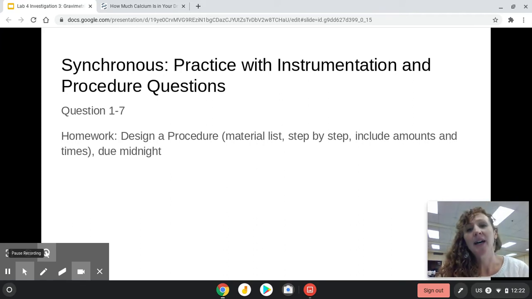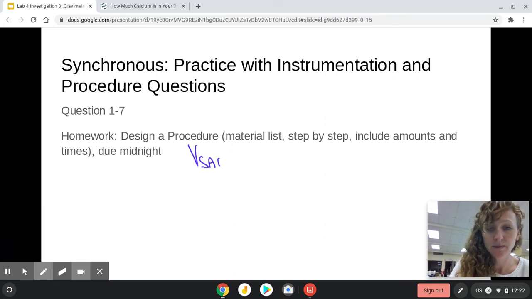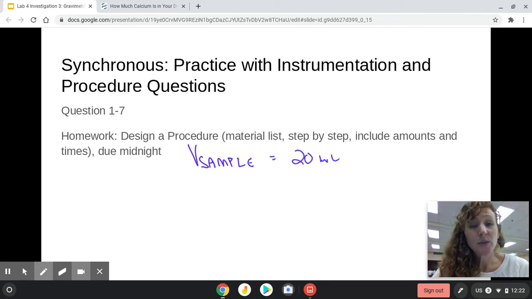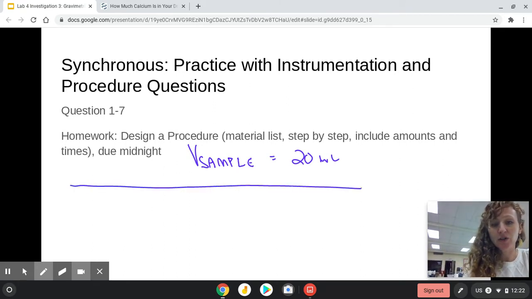So you want to find out how much calcium is in a 20 milliliter sample of your tap water. Volume of sample, 20 milliliters.